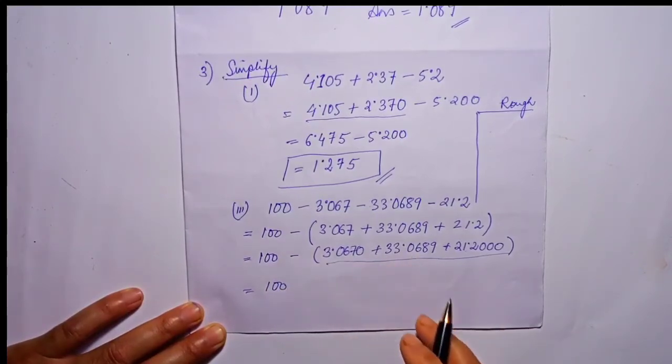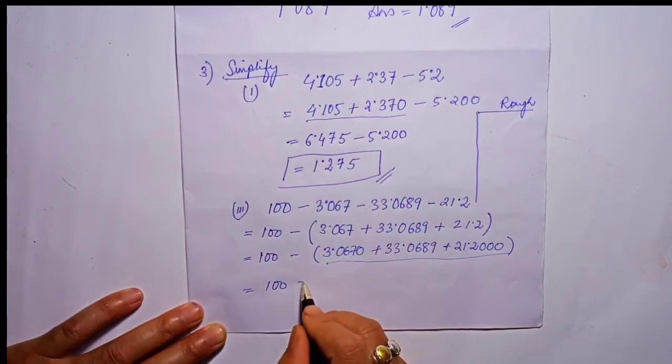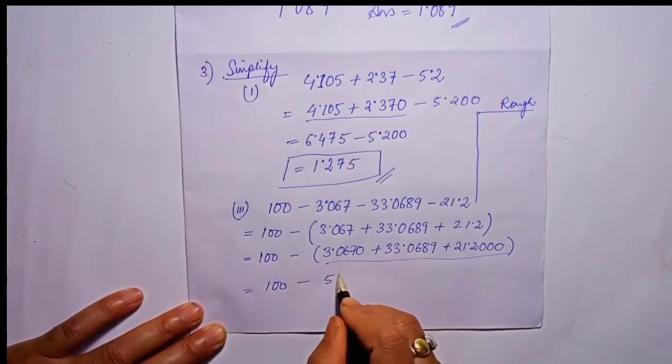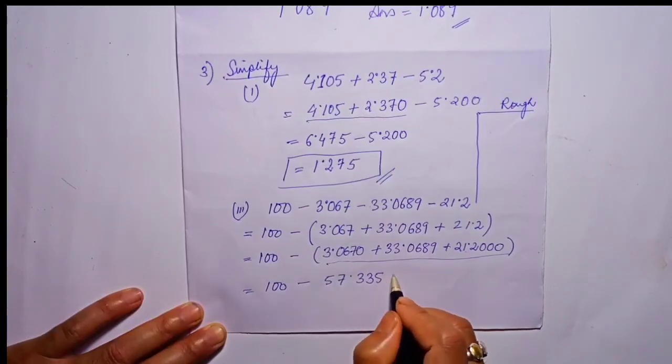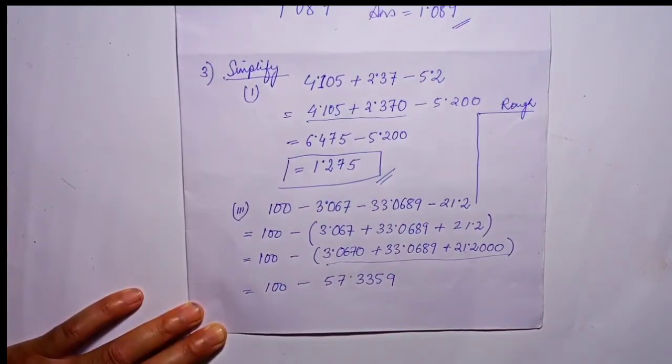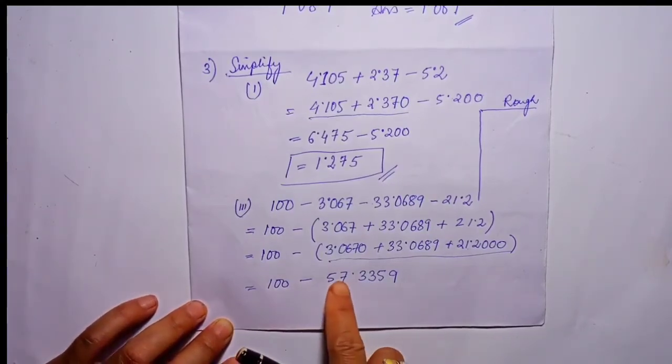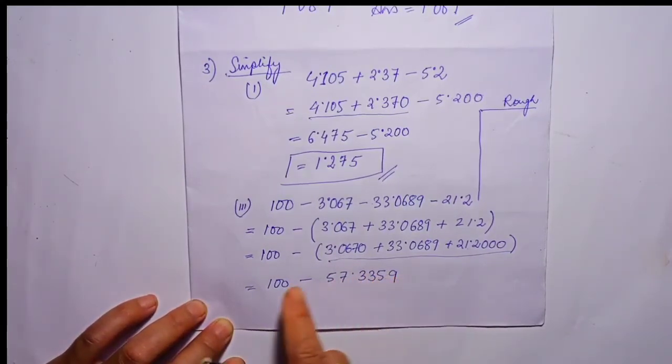If you add this, you will get the number like this, 57.3359. Now you have to subtract 57.3359 from 100.